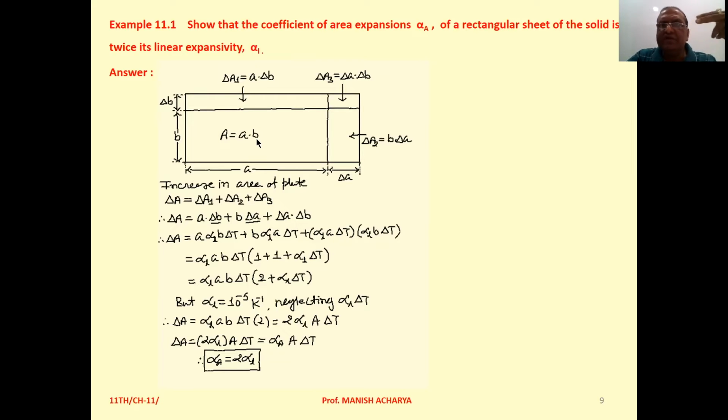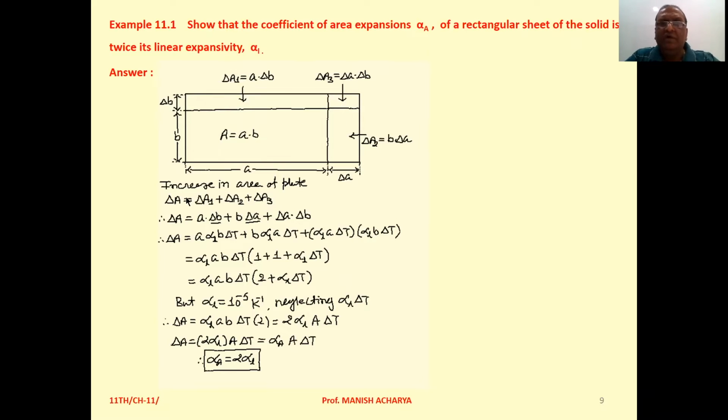Now suppose due to an increase in the temperature of the sheet by delta T, the side A is increased by delta A and side B is increased by delta B. So here we can say the area of the sheet is increased by this part delta A1, this part delta A2, plus this part delta A3.